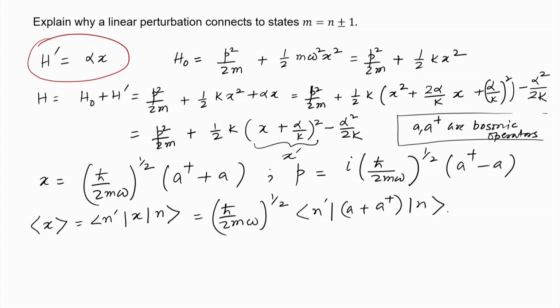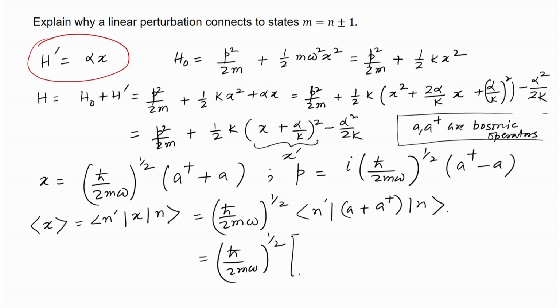It is very easy to see that apart from this factor, when a dagger acts on n, it gives rise to a state which is n plus 1 with a coefficient, and a acting on n again gives rise to a state which is n minus 1 along with a coefficient.